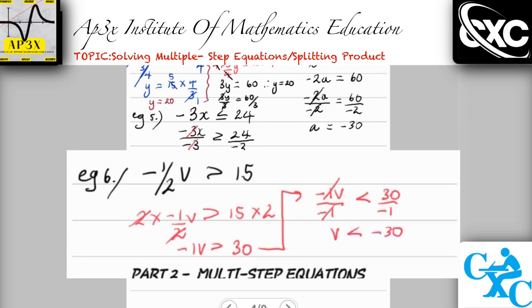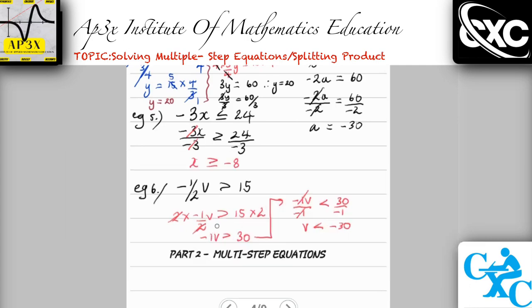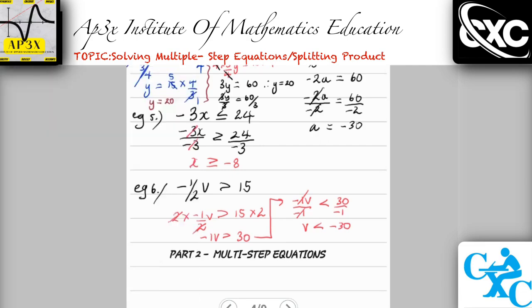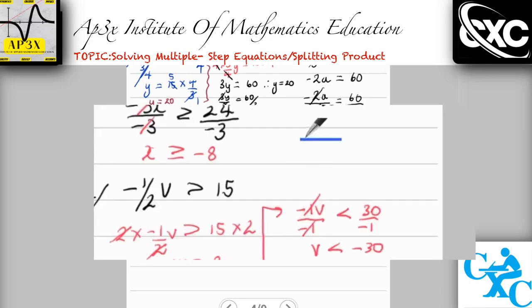Now of course we could have avoided dividing both sides by a negative. Let me go up here and show you a different route. Before we got to that state, let me rewrite the question: we have minus a half v is greater than 15.